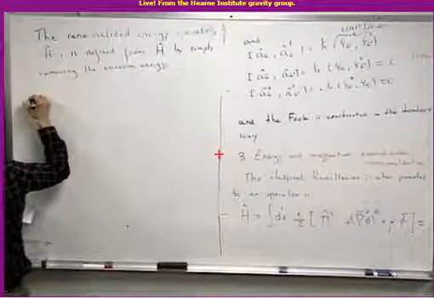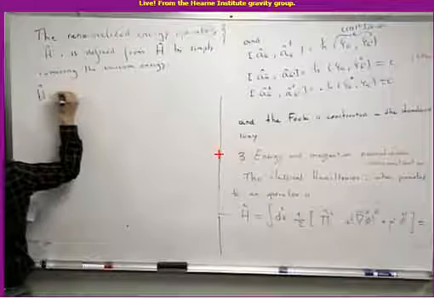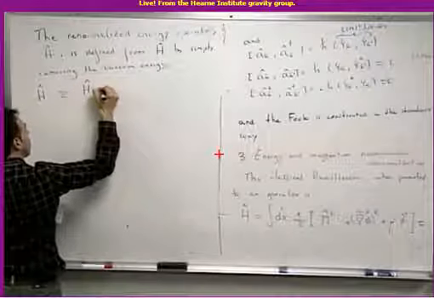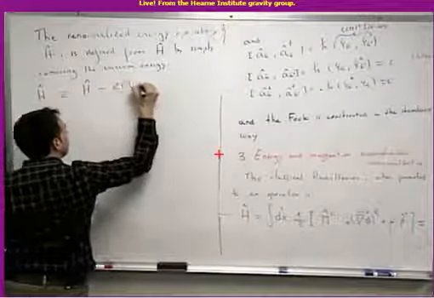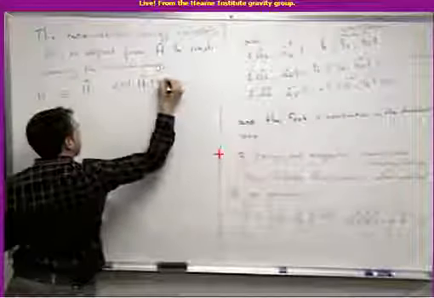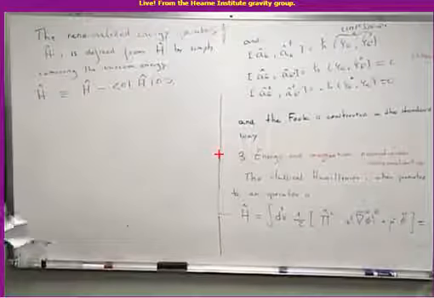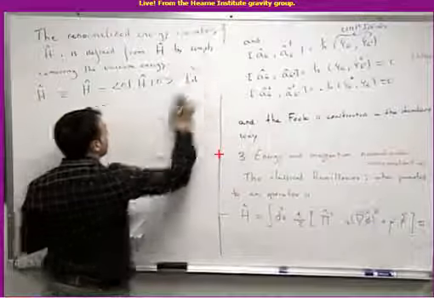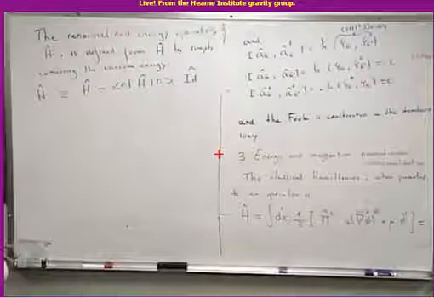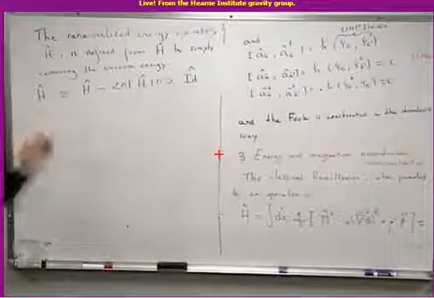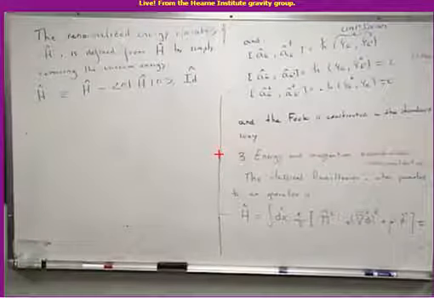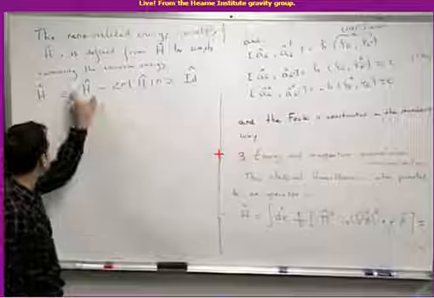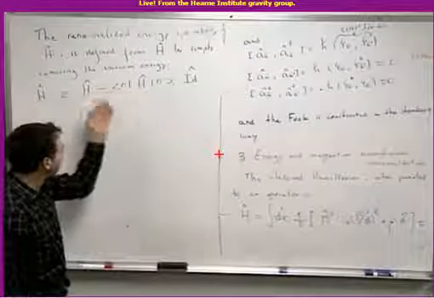Renormalized Hamiltonian, definition: the Hamiltonian operator minus the expectation value of the Hamiltonian in the vacuum. This is a number, so we have to multiply by the identity operator. Obviously, this operator has 0 expectation value in the vacuum, because we will get here just 1, and here the vacuum expectation value, so this will be 0.